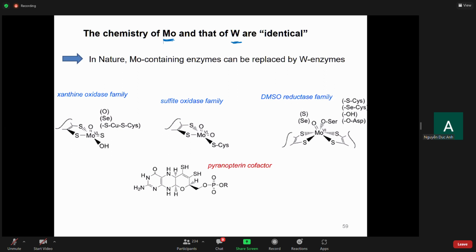So you can see in nature, molybdenum enzymes sometimes can be replaced by tungsten enzymes. For example, the xanthine oxidase family, the sulfite oxidase family, or the dimethyl sulfoxide reductase family. You can replace molybdenum with tungsten sometimes.